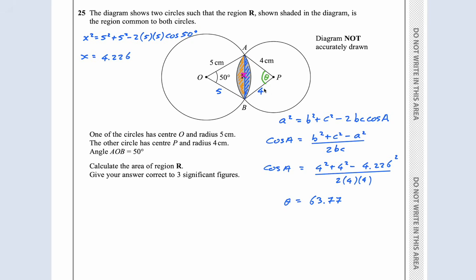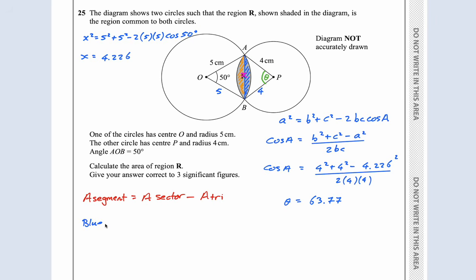Now I'm going to get the area of these segments. So let me just write down what I said there, guys. Area of segment equals area of sector minus area of triangle. Okay, let's do the blue one first.